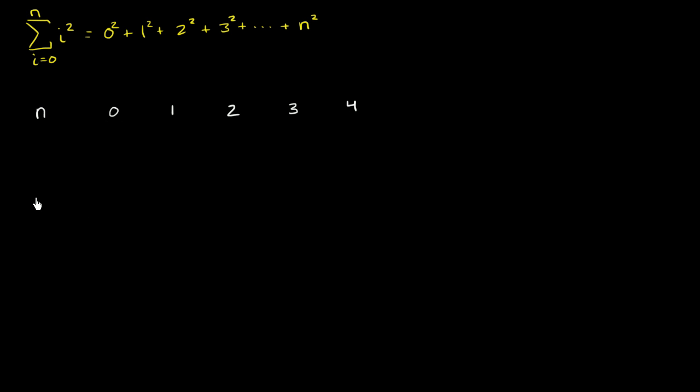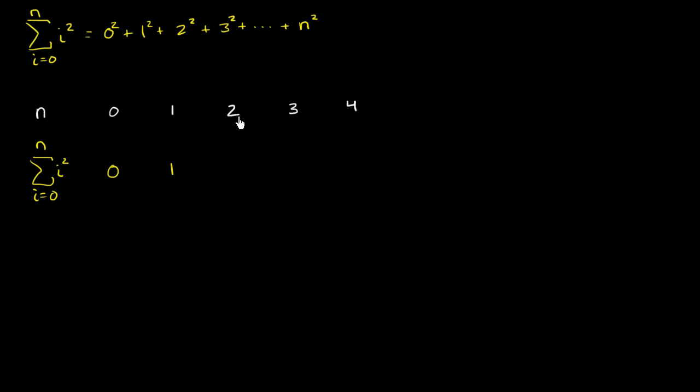And now for each of these, let's see what the output of our function should be. The output of the function should be this thing. It should be the sum from i equals 0 to n of i squared. So when n is 0, that's just going to be 0 squared, so that's just 0. When n is 1, it's 0 squared plus 1 squared, so that is 1.